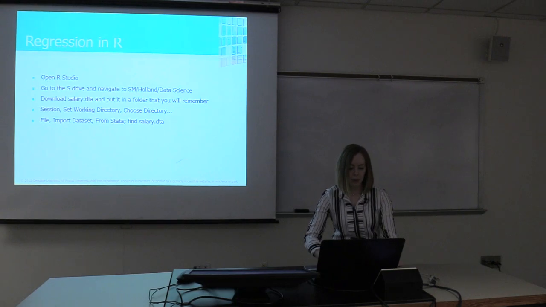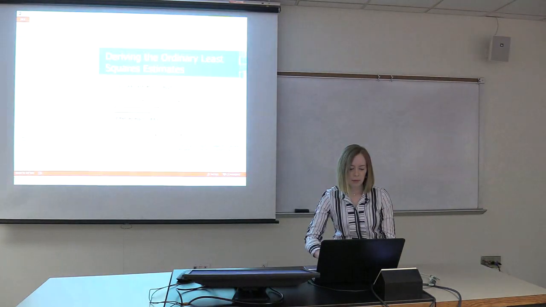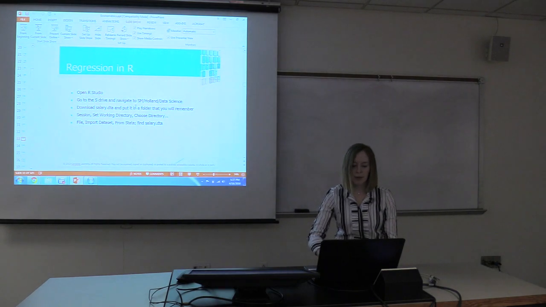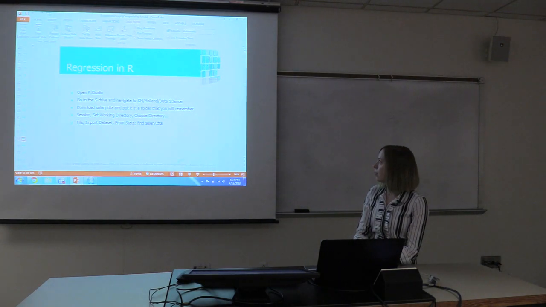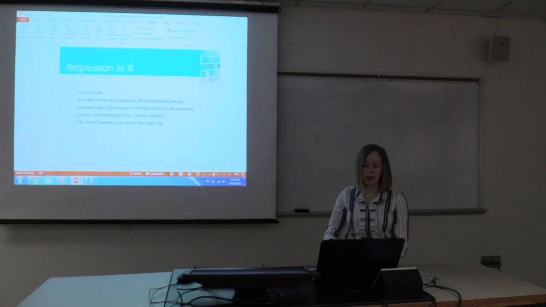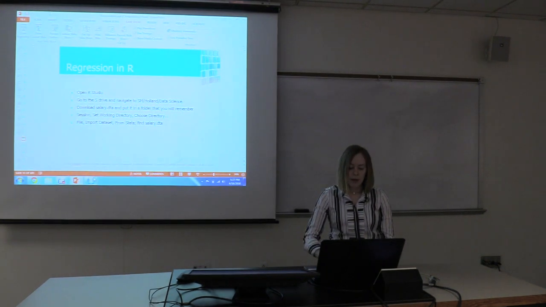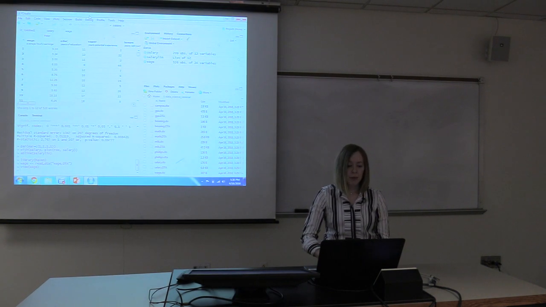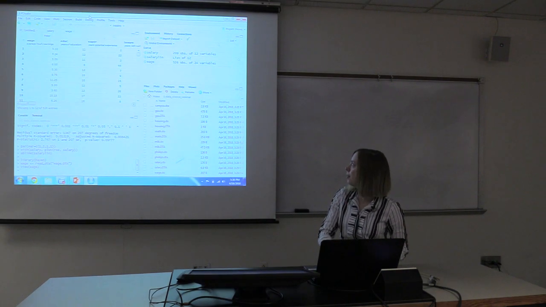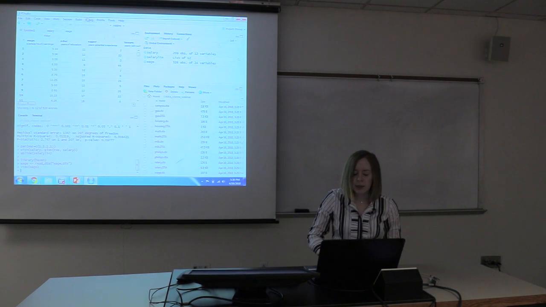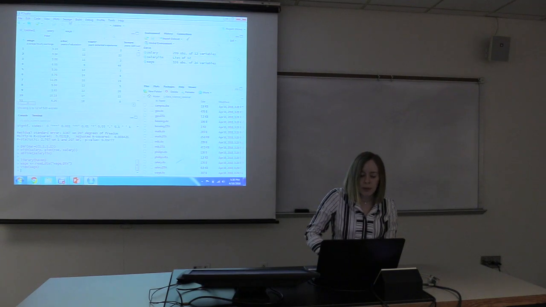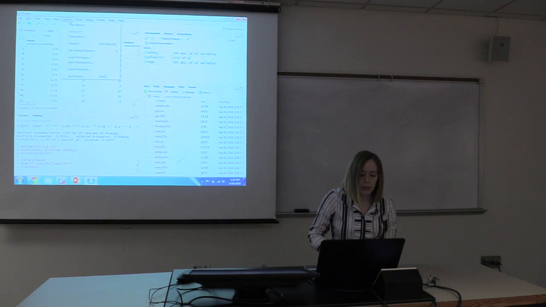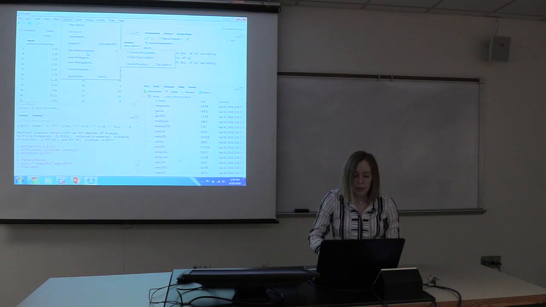Okay, so you're going to S drive, SM, Holland, Data Science, and then there you should find salary.dta. And then after you've got that downloaded, just make sure to put it somewhere that you'll remember. And you're going to first set your working directory. So there's a faster way to do this, but we're going to do it the nice GUI way, with point and click. So you're going to go to Session, Set Working Directory, Choose Directory.